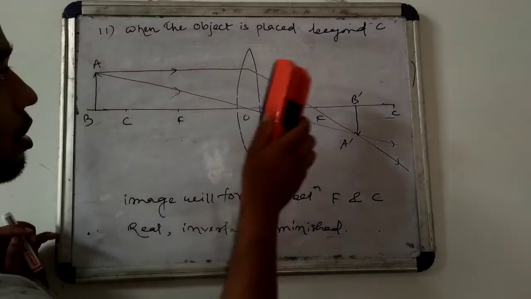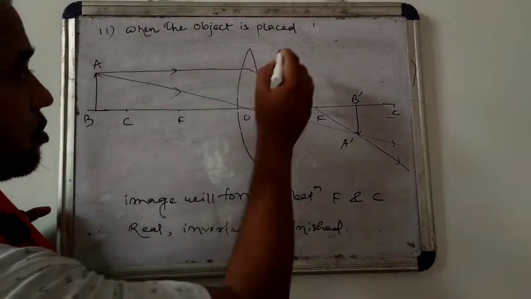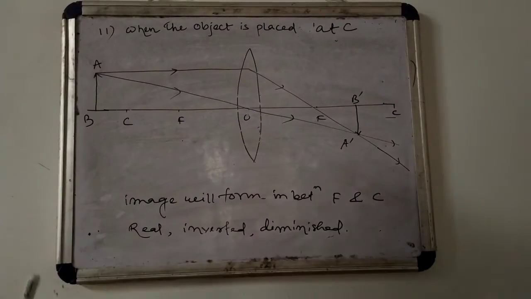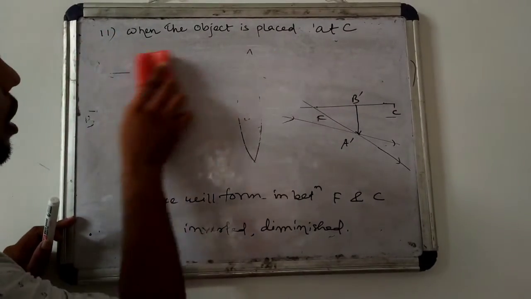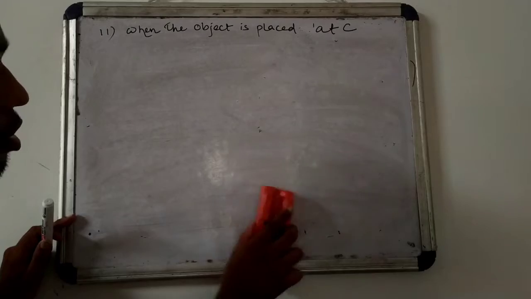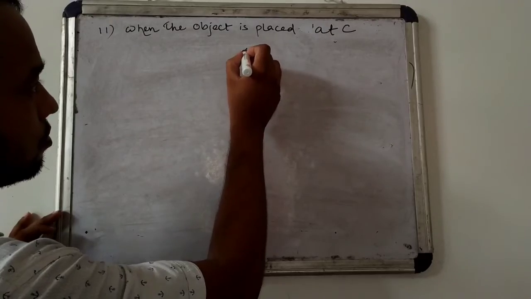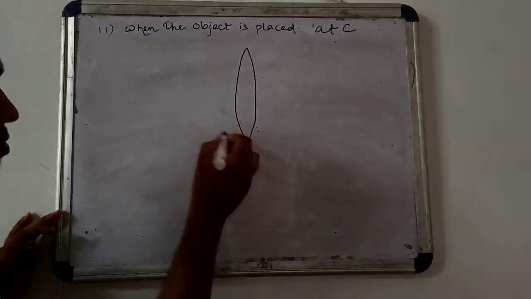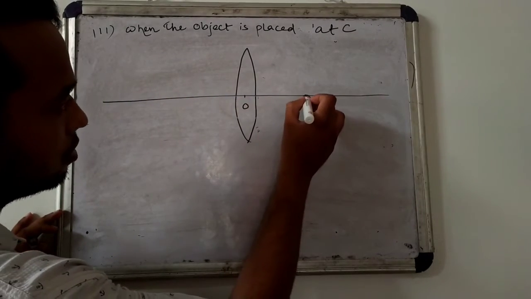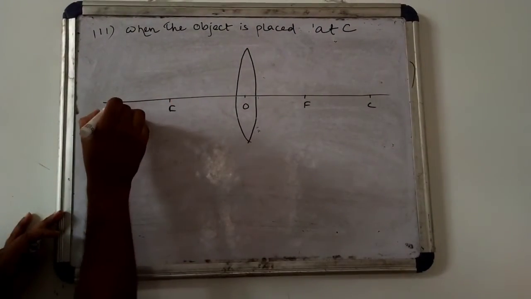So next, when the object is placed at center of curvature, at C. Let's see where the image will form if we take the object at center of curvature. So optical center, focus, center of curvature, focus, center of curvature.